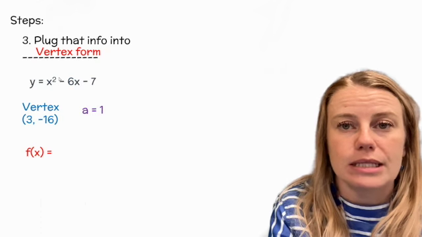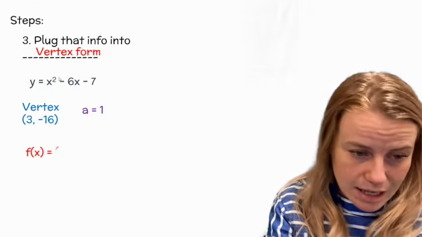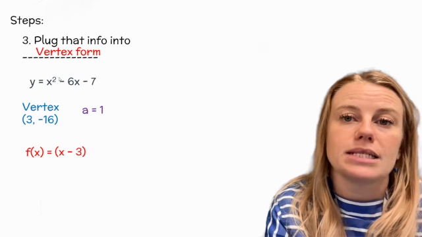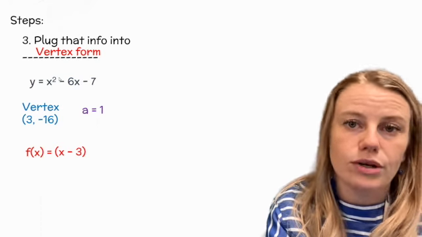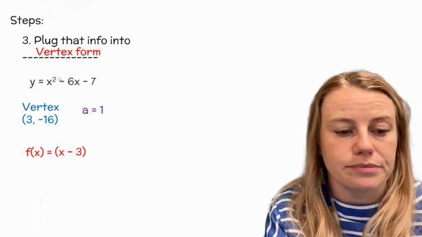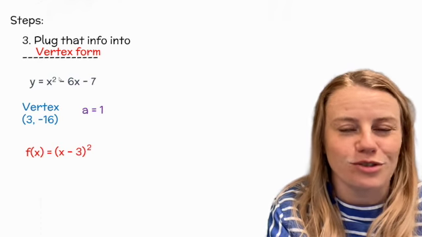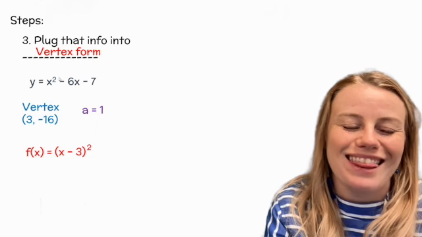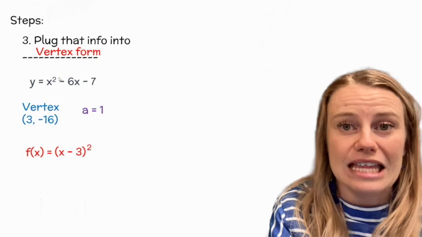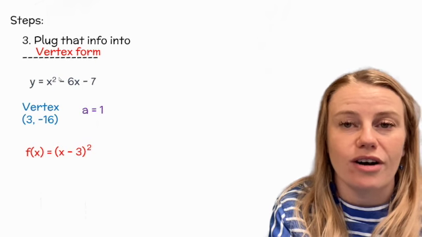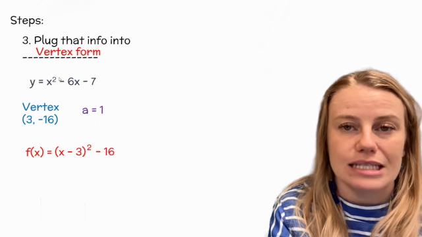I'm going to open up my parentheses, x minus 3, because I'm taking the opposite of that x value from the vertex. It's positive 3, so it's negative 3. Squared, don't forget your squared. And then finally, the k, the y value of our vertex, minus 16.